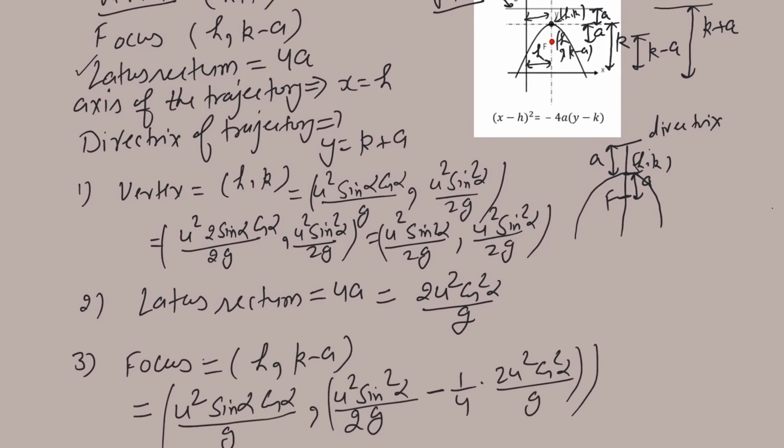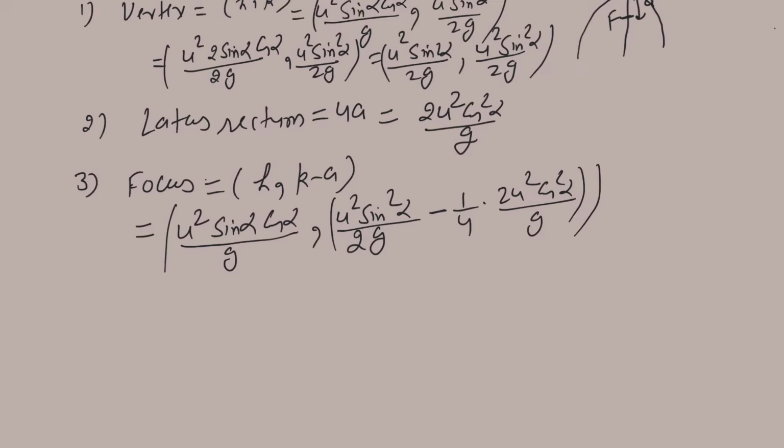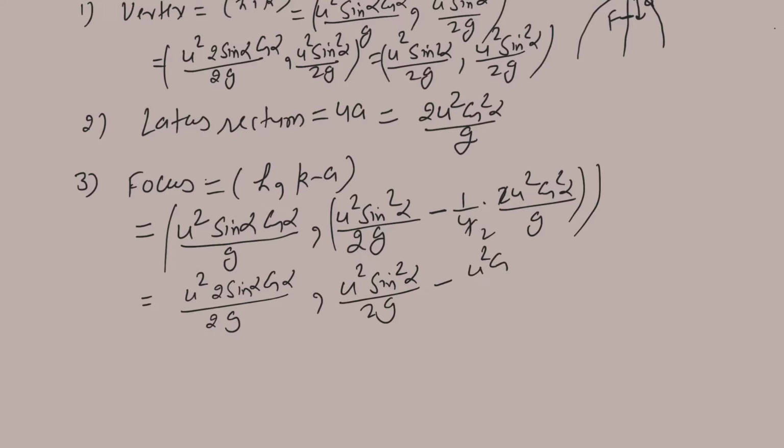Now we will be calculating the focus. So this is equal to u square cos alpha by 2g, fine. So this 2 will cancel out. Now this can be written as u square sin square alpha by 2g minus u square cos square alpha by 2g, and the x-coordinate is u square sin 2 alpha by 2g.